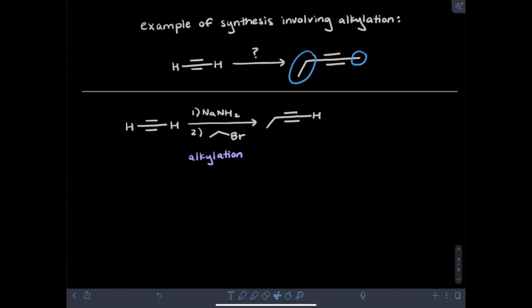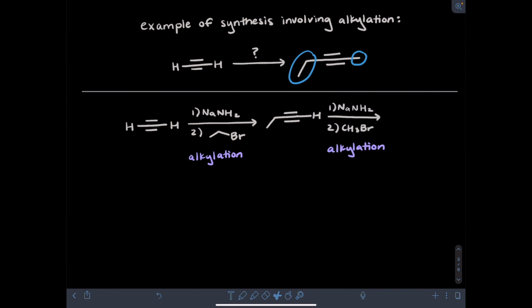Because I used a 2-carbon alkyl halide, I've installed a 2-carbon group, which I've drawn on the left side of the molecule. Notice I still have a terminal alkyne CH bond present on the right side of the molecule, and this could be deprotonated and then the molecule treated with another alkyl halide.